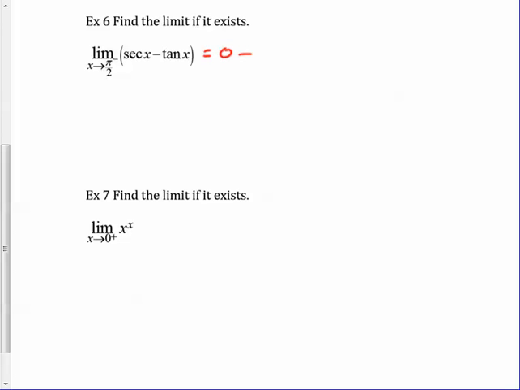The tangent of pi over 2 is infinity. So what's 0 minus infinity? Well, it's indeterminate. So it's an indeterminate form, but it's not one that I can use L'Hopital's rule for.